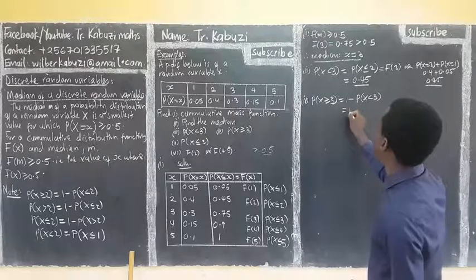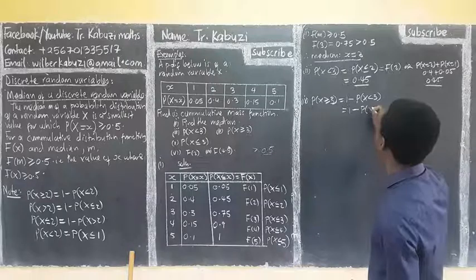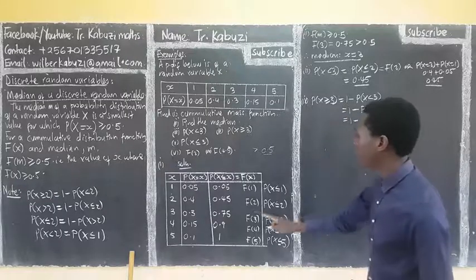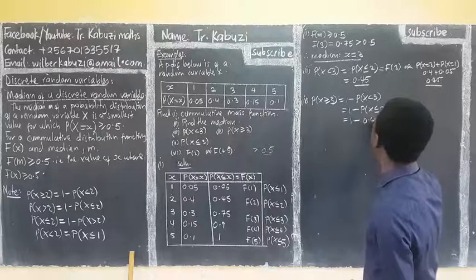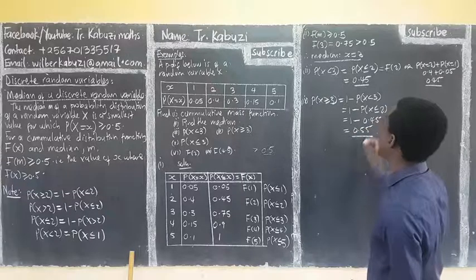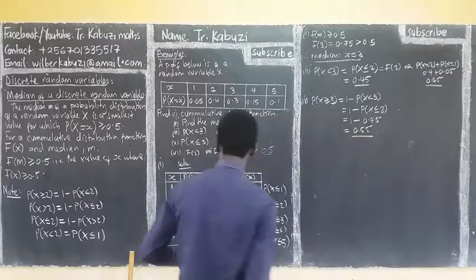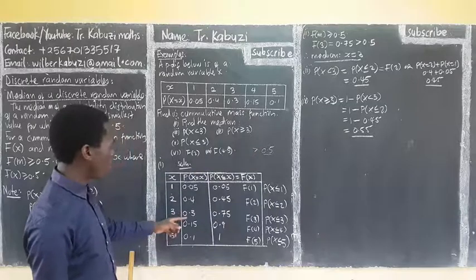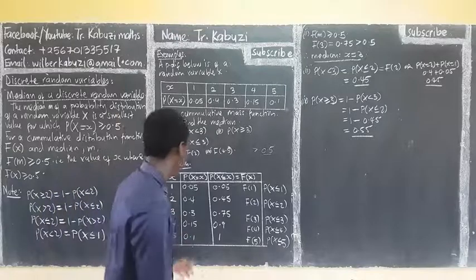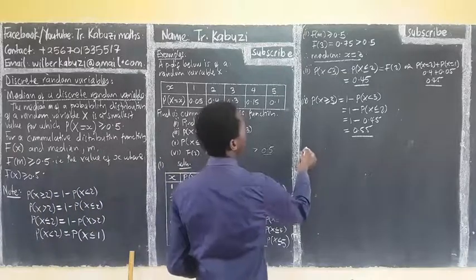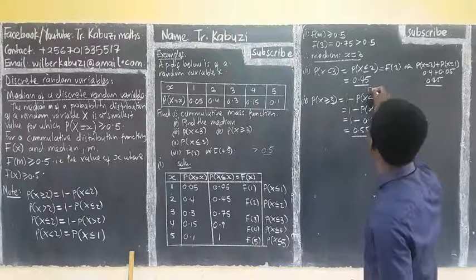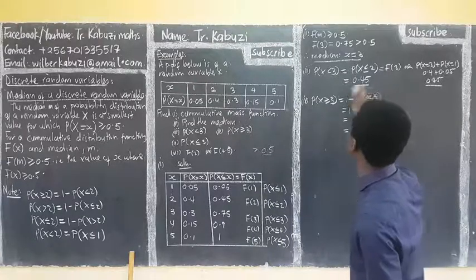But we have seen this is the same as 1 minus probability of x less or equal to 2, which is 1 minus 0.45, which will be 0.55. Or you add the probability of x equal to 3 and these probabilities here. It's up to you. This one is the same as F of 2 still, which you got there.